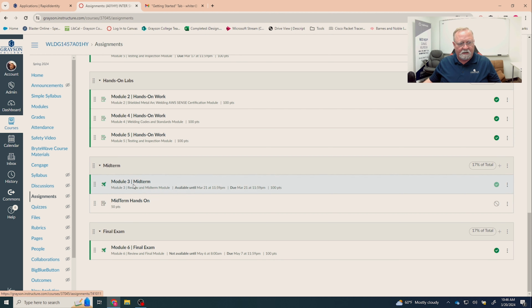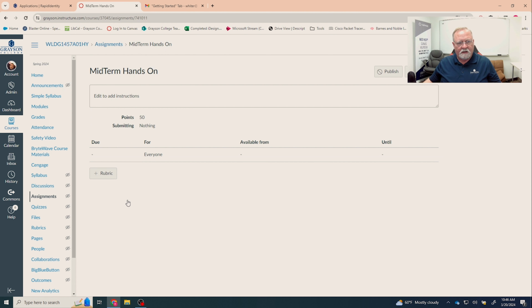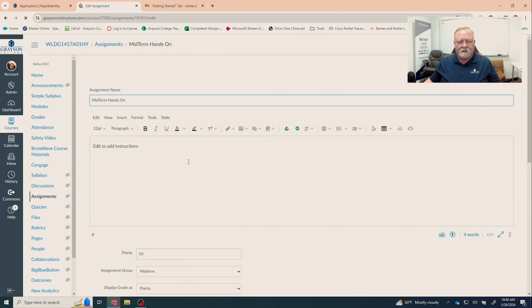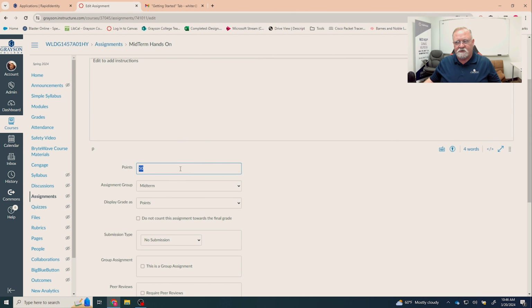And I put it down here in the midterm group. And so if we edit it, you're going to see that it's also worth 50 points. So those two 50s add up to 100, and we want to make sure that they're both designated as points and not as percentages. So 50 points, and we want them both in the midterm group.